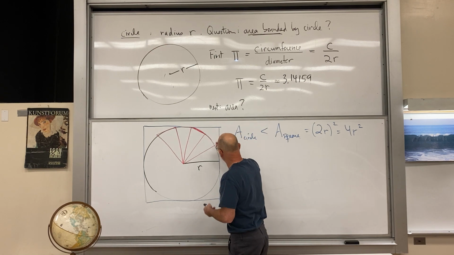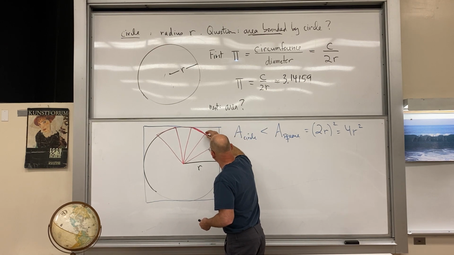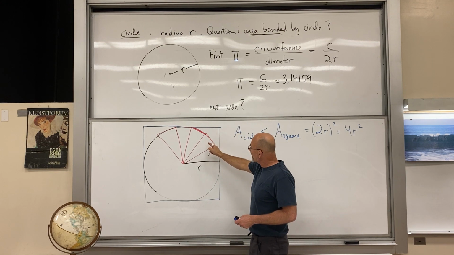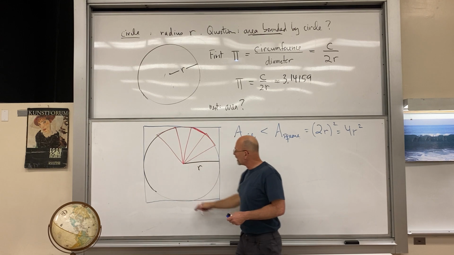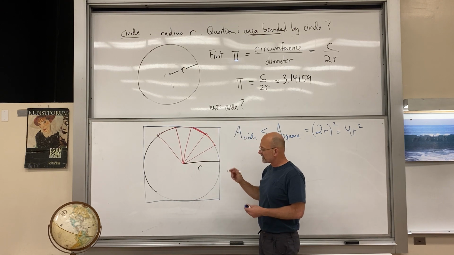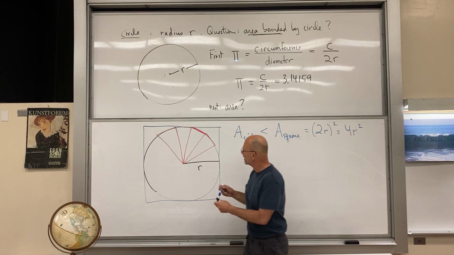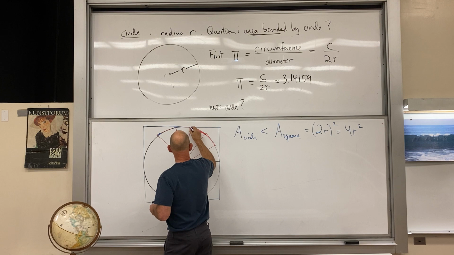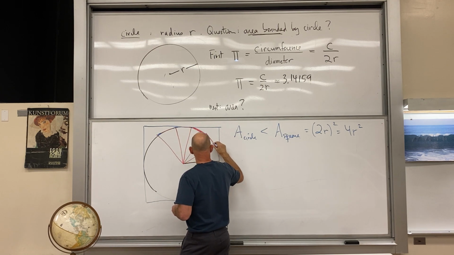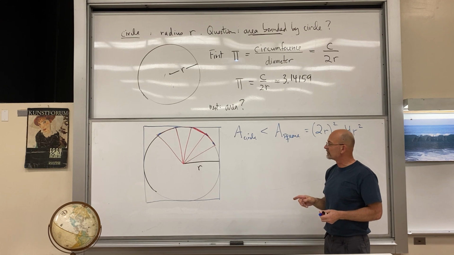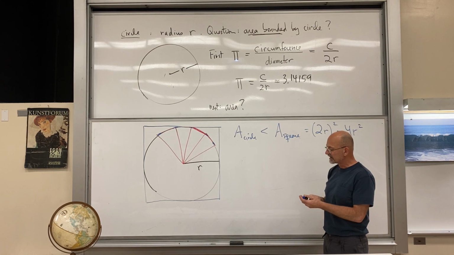Point is this: if I go around the entire circle like this, the area of the sum of all these triangles will be slightly larger than the area of the circle, because I have all these little extra spaces here that I'll kind of indicate with blue. I've got these little extra areas all the way around, but the area of the sum of the triangles is approximately and slightly greater.